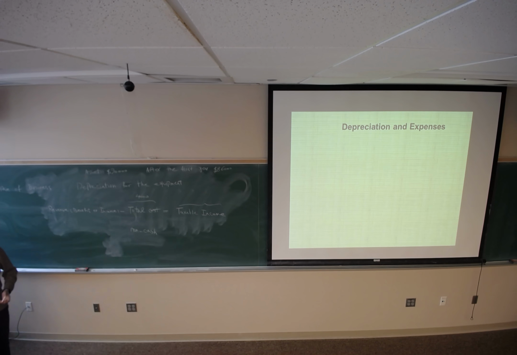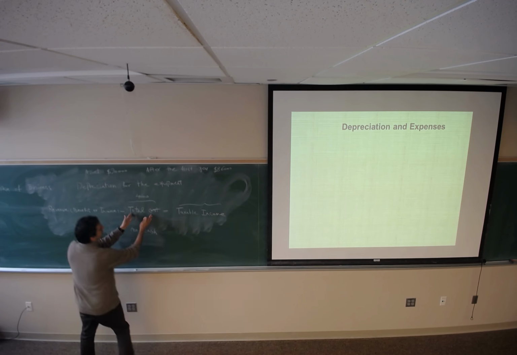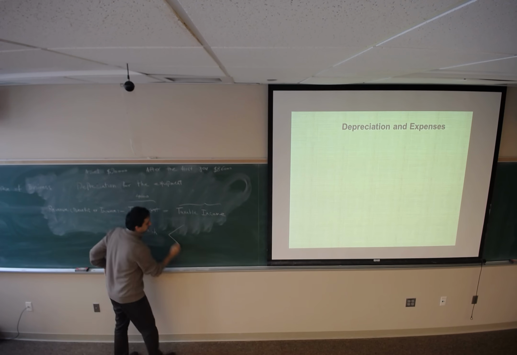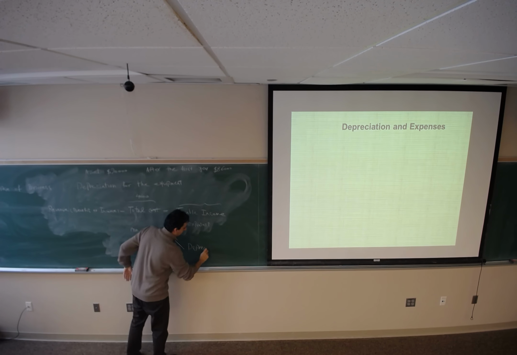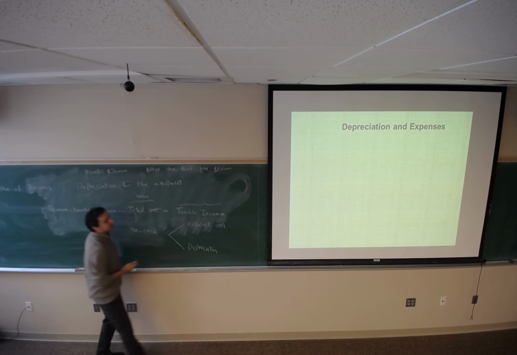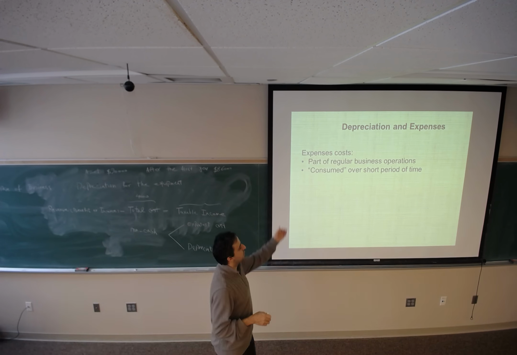The business has two types of costs. They have total cost. The total cost has two types: expenses cost and depreciation cost. Expenses costs are easy to calculate. It's a part of regular business operations.